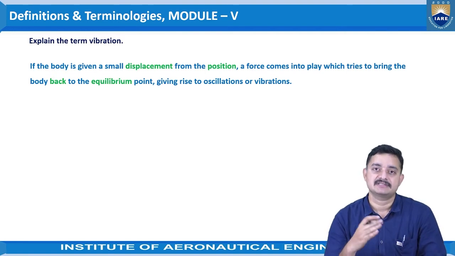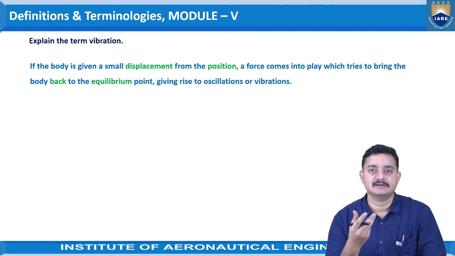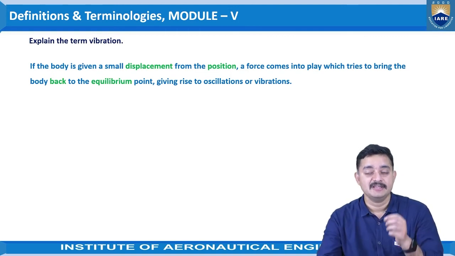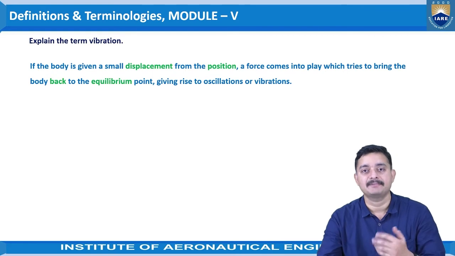That means it is continuously moving to and fro, and one force is coming into the picture, and the equilibrium state of the body is again obtained, giving rise to oscillations or vibrations. So this will create the to and fro motion of the object.